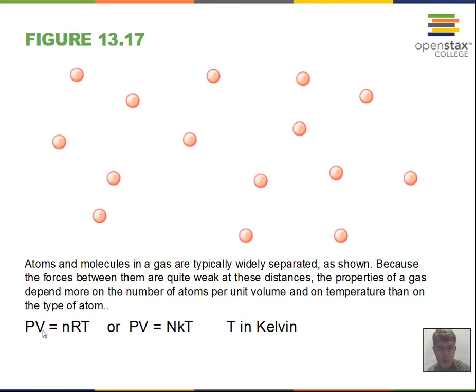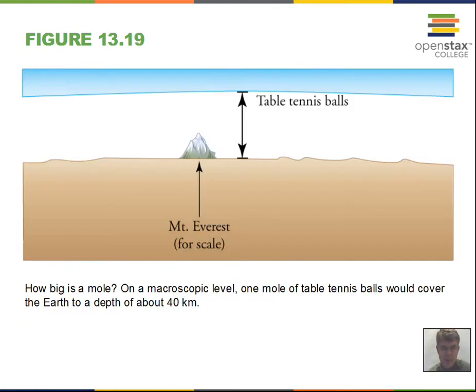You could have the volume in cubic meters or the volume in cubic centimeters. And then N1 R T1 divided by N2 R T2, the temperature there still must be in Kelvin. Don't use Celsius. That's what I'll say about that, and we'll go on to other concepts here.